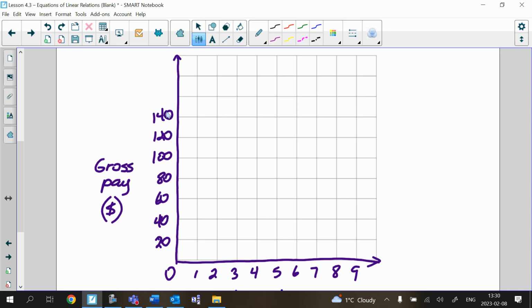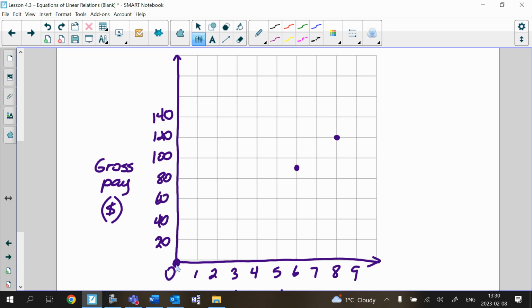So we plot the amounts. And we have 6 hours, $90. 8 hours, $120. 0 hours, $0. 4 hours, $60.